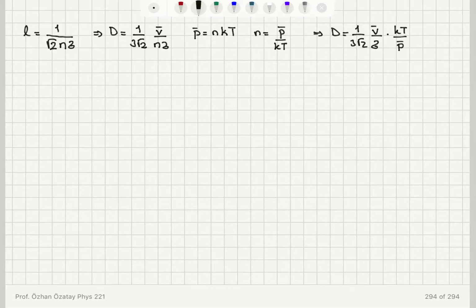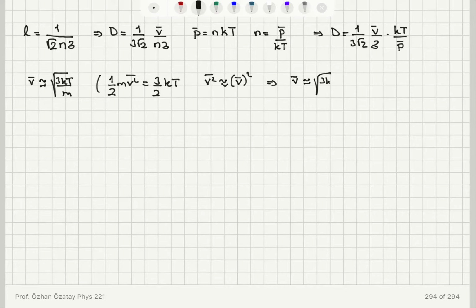For V bar, we can use the same approximation we used for the coefficient of viscosity. We can estimate this to be square root of 3 kT over m. Remember, this comes from 1/2 m v square bar is 3/2 kT, the equipartition theorem, and v square bar is approximately v bar square. So we find that v bar is square root of 3 kT over m.